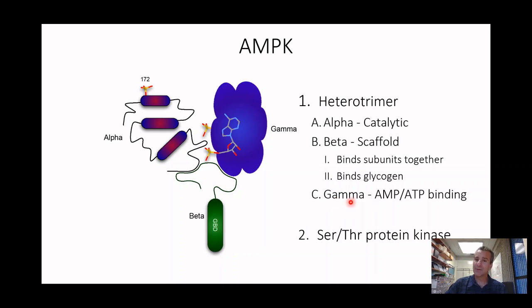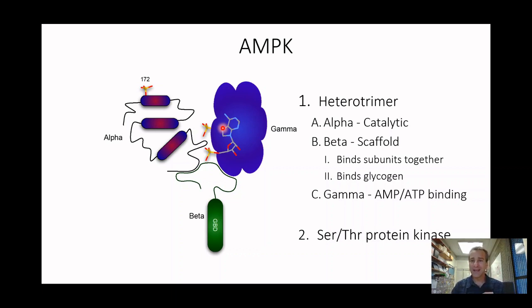The gamma subunit of AMP kinase is the nucleotide binding domain. What that means is it can bind either AMP, ADP, or ATP. It binds to 2 of them, one on either side, you can see the tail on the far side. So it's binding to 2 ATPs, AMPs, or ADPs.